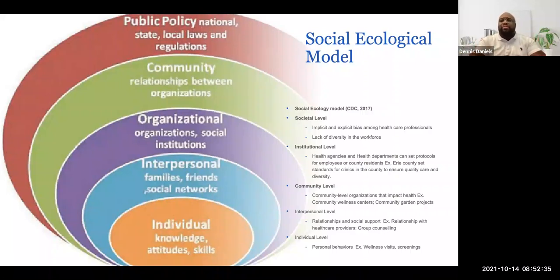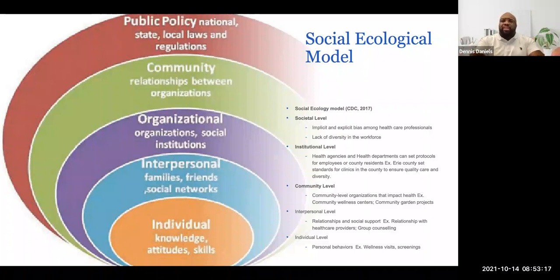Breaking down the levels, the most direct is the individual. This is the knowledge, attitudes, and beliefs that one has as it relates to their everyday experience. When you're interacting with other people, this leads us to the interpersonal dimension, where we have relationships with individuals, families, friends, and social networks.